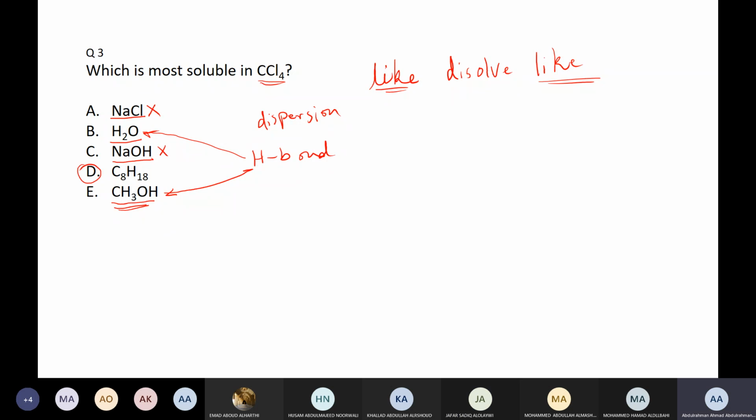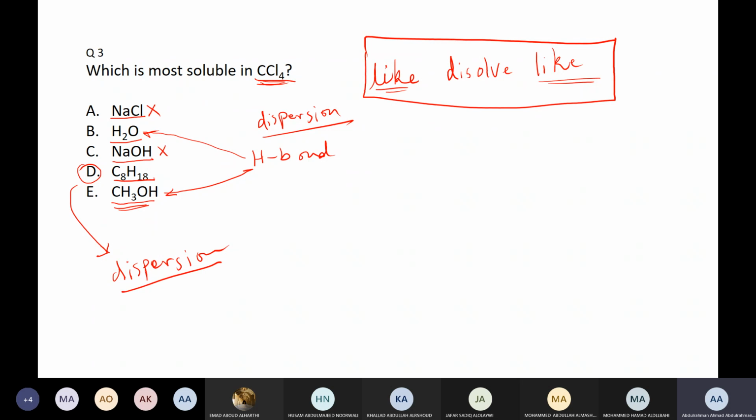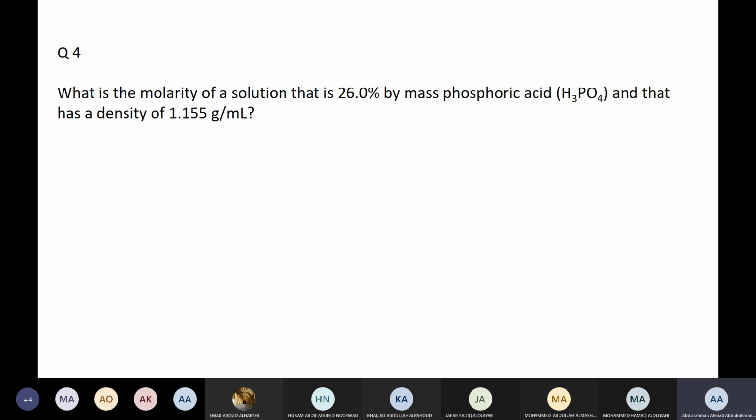What's the force there? Dispersion only. They don't have dipole. They are all only dispersion, and dispersion will dissolve in dispersion, like dissolves like. So the answer is D, yes. Are you following? Yes. I hope so. Let's go to the next one.